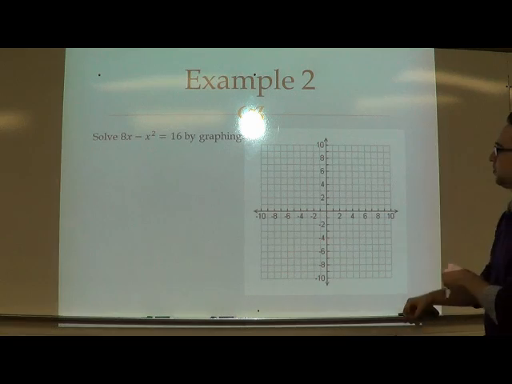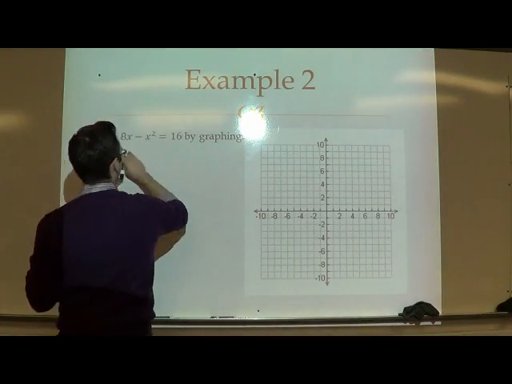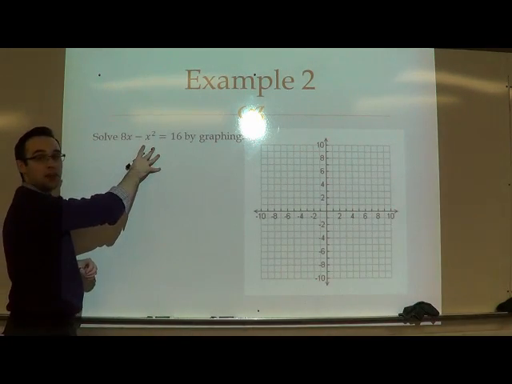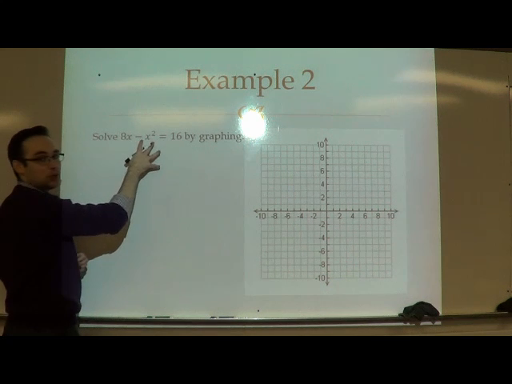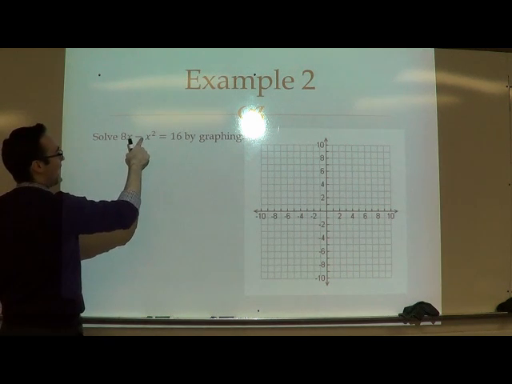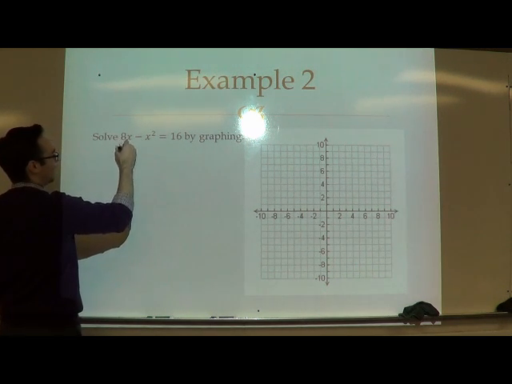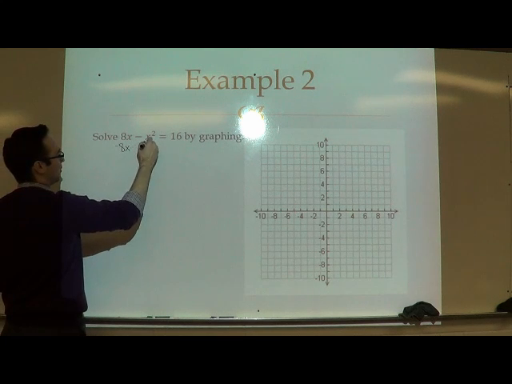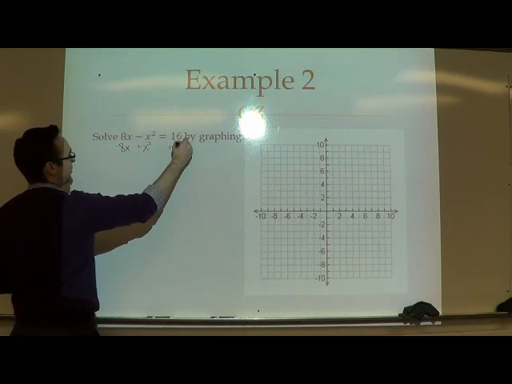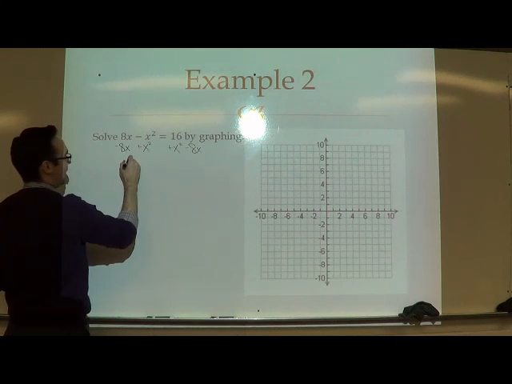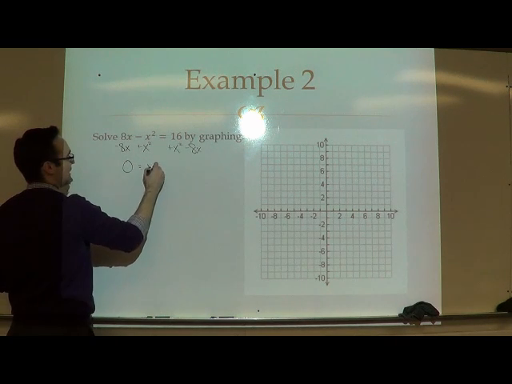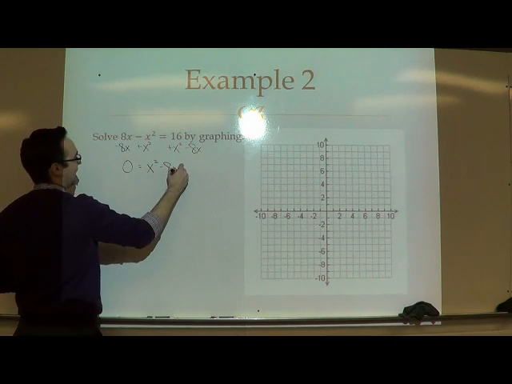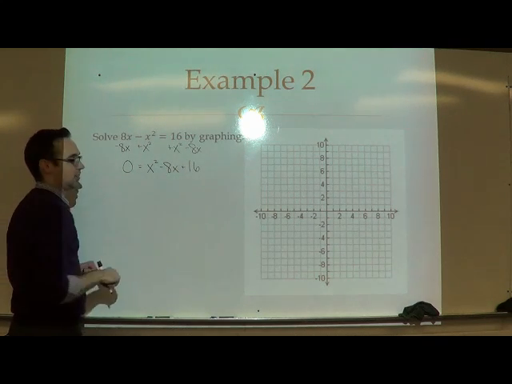So taking a look at a new example here, the first thing you want to do, because we can't solve it the way it is, we have to get it equal to 0. So I'm going to add the x squared and subtract the 8x to the other side. So that way we have 0 is equal to x squared minus 8x plus 16.